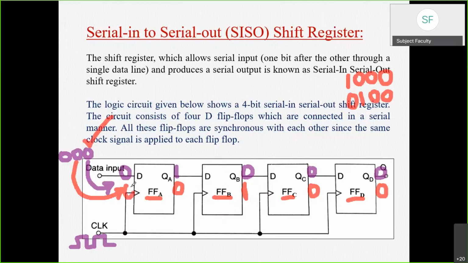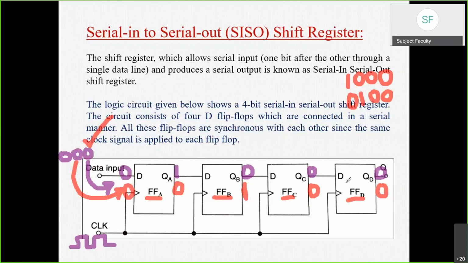The violet sequence was our earlier sequence. Now after the application of the clock, what will happen? Again you have to observe the inputs of all flip-flops, and depending on that the output will change.